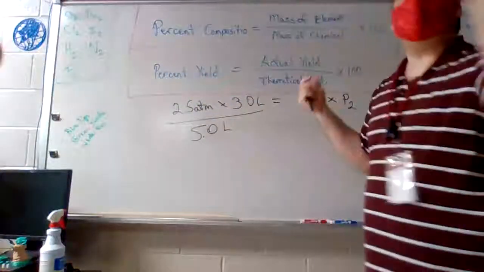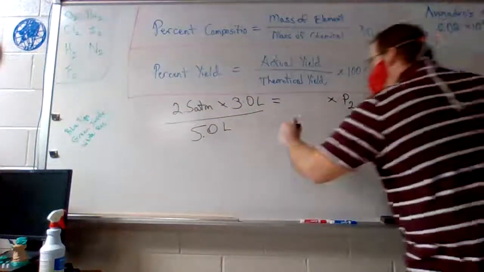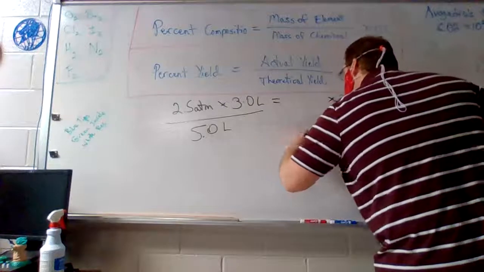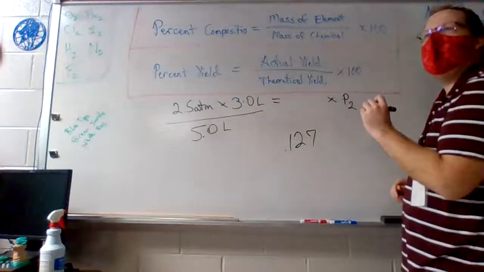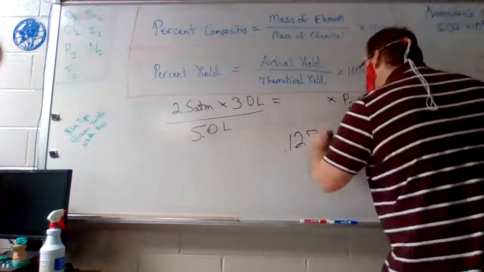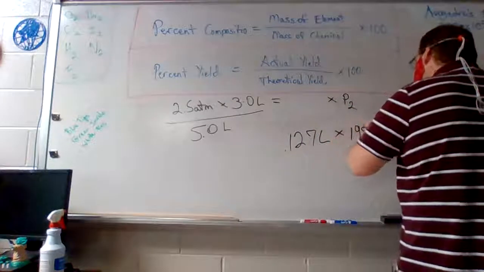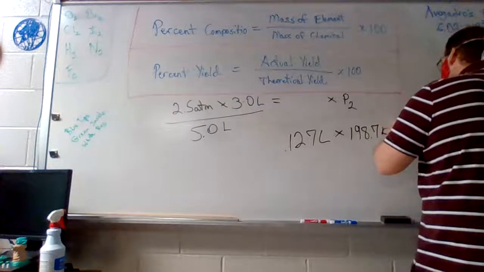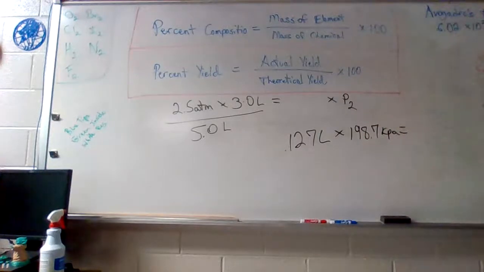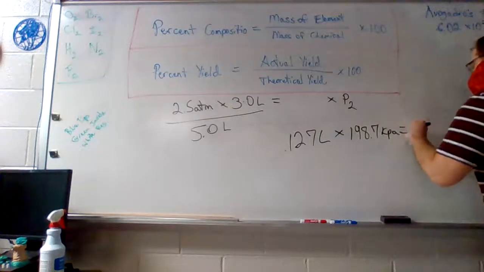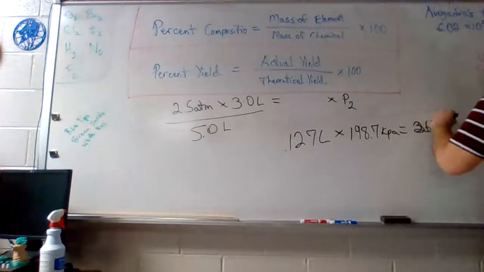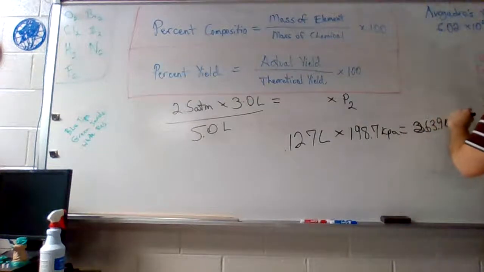So I set up the problem just the same. I'm going to multiply my number ones. So I'm going to have 0.127 liters times 198.7 kilopascals is equal to 263.9 kilopascals times V2.